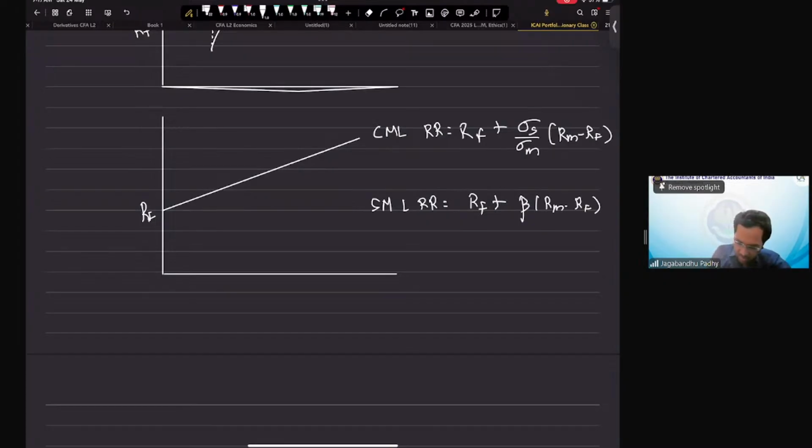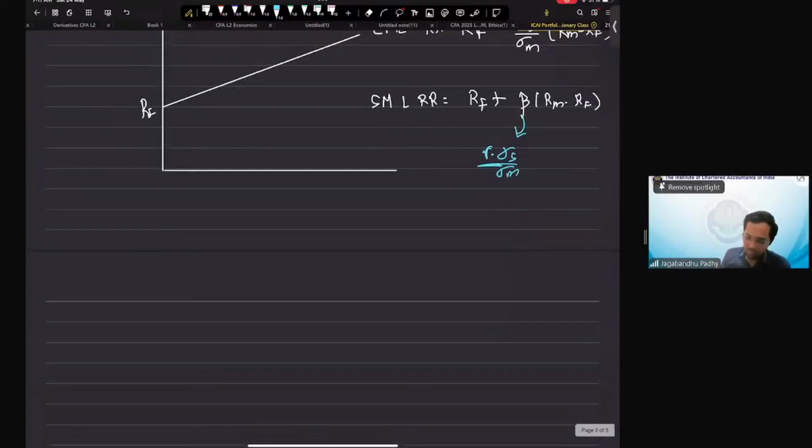Essentially, this beta, if you could just recall, is nothing but standard deviation of security upon standard deviation of market, but that's going to be multiplied by correlation. Correlation into standard deviation of security upon standard deviation of market. That's your beta. Let's look at some more versions of beta to be calculated.